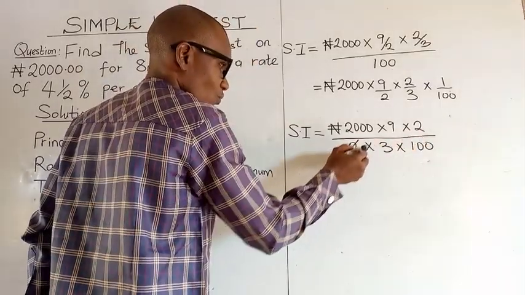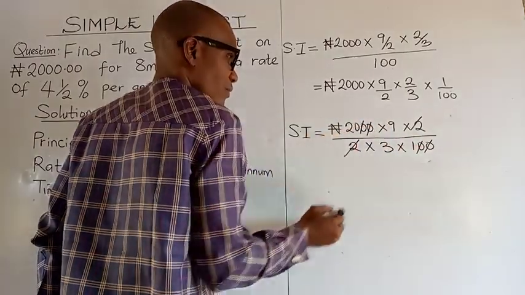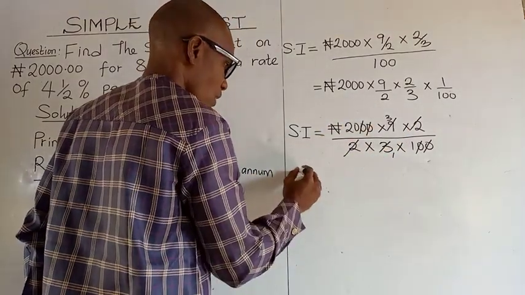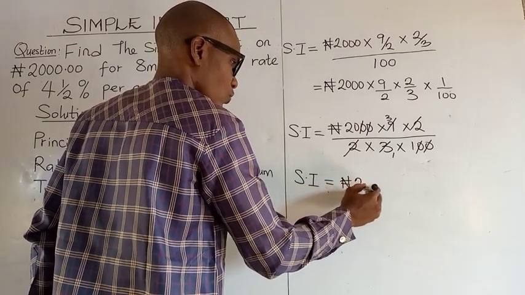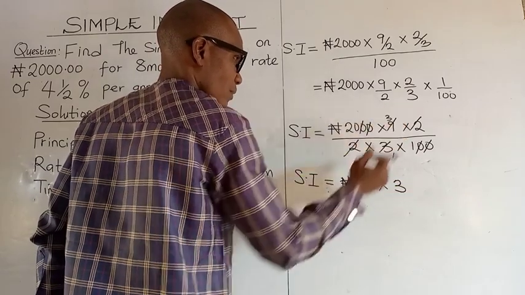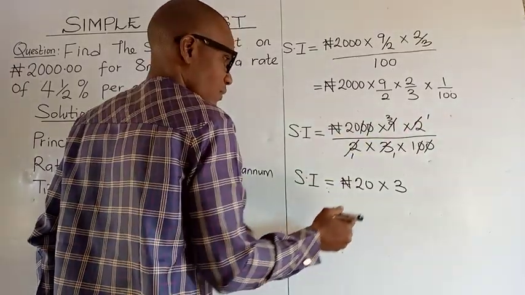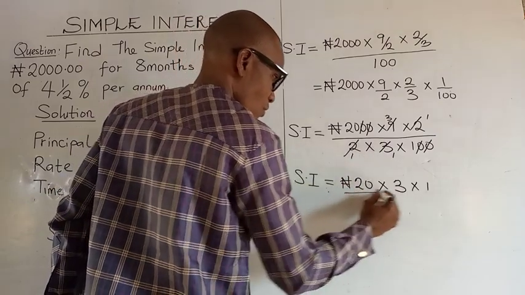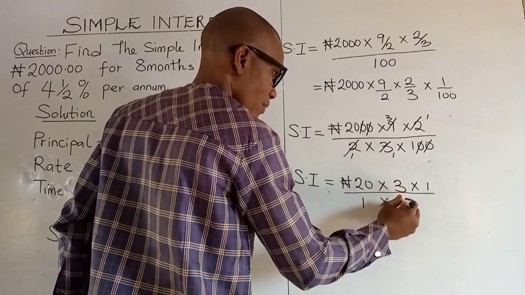So we can cancel 2 and cancel the zeros. 3 here is 1, 3 here is 3. So our simple interest will be 20 naira multiplied by 3 all over 1 multiplied by 1.